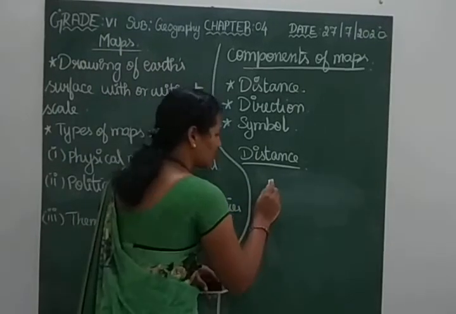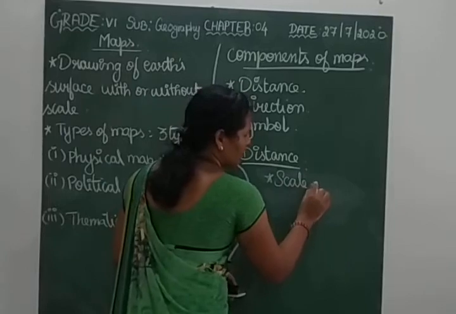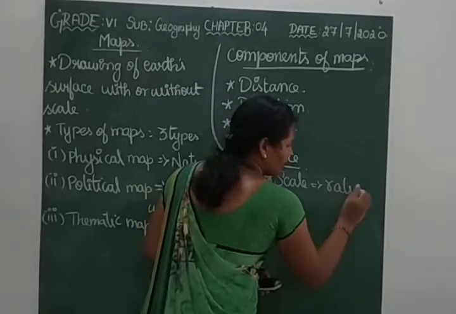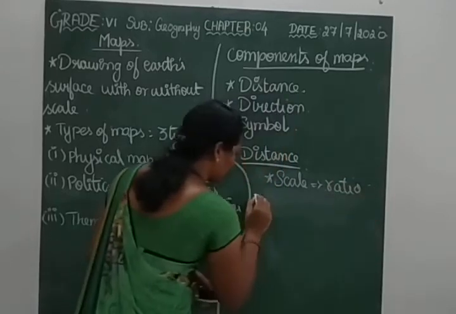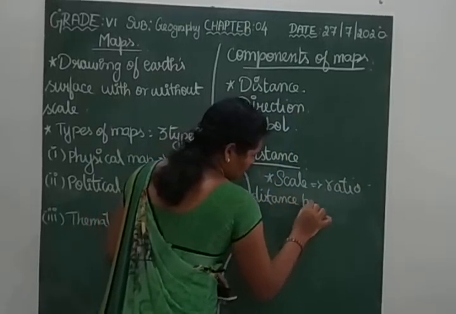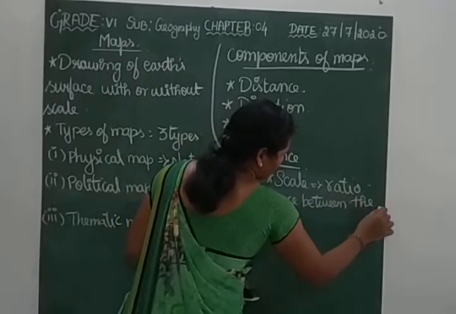We're going to learn about the scale. What is scale? Scale is the ratio between the map distance and the actual distance.